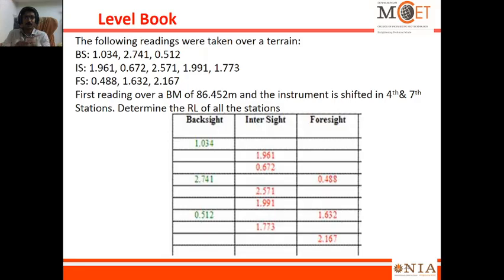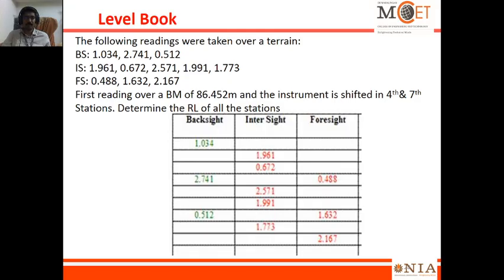I am going to explain one check for the height of instrument method and the rise and fall method, which will come even when you arrange improperly, but whether it is right or wrong has to be determined for the given conditions, right?